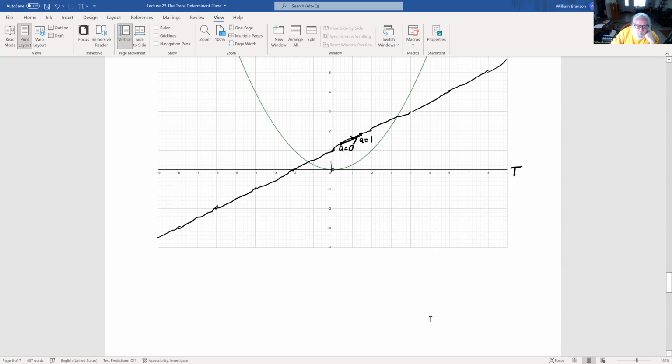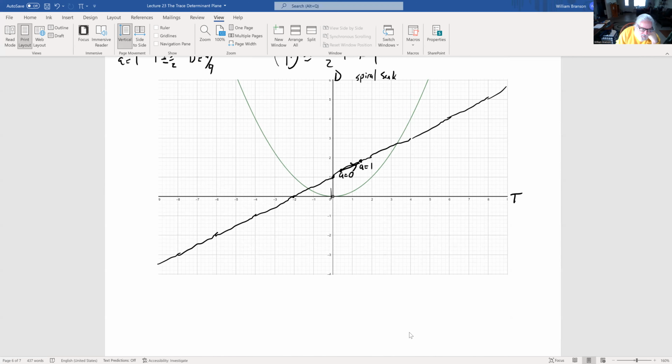So what can we determine about this? Well, it's a saddle here because that's a negative determinant. At this point, you have a 0 eigenvalue. This little part in between here, that'll be a sink. We'll have 2 negative eigenvalues. That point there is a repeated eigenvalue.